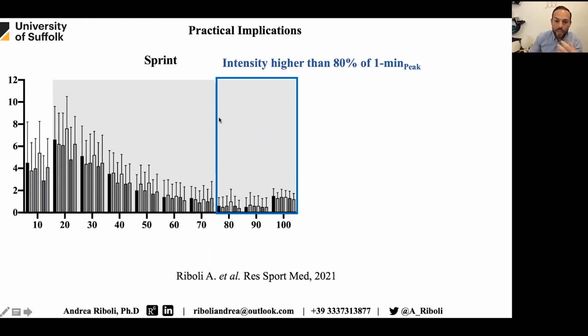For example, we can decide to use an intensity higher than 80% of the 1-minute peak. We can consider that the time spent at this intensity during official matches was from 4 to 6 minutes. We cover between 150 to 228 meters at this intensity, with an intensity between 34 and 42 meters per minute.